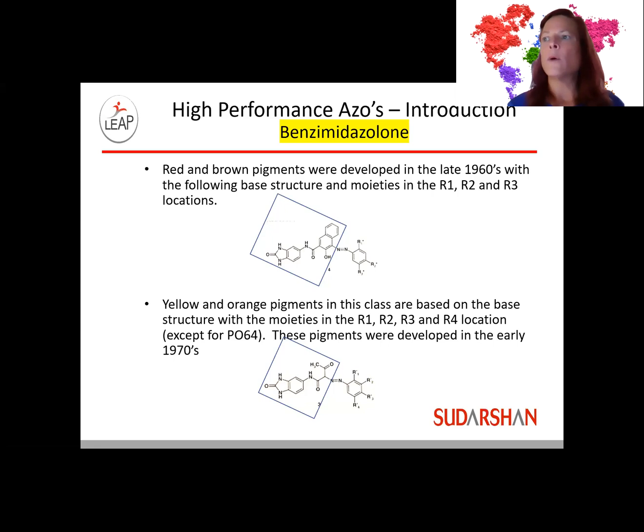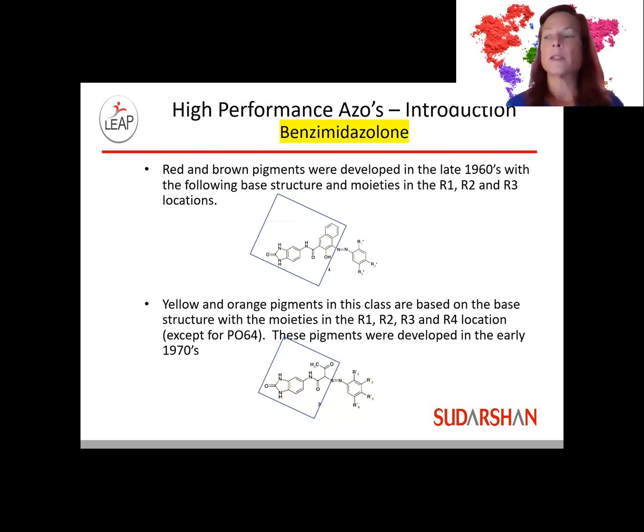However, the yellow and orange pigments in this class have a slightly different base structure. However, the unique color indexes are similarly achieved by attaching the specific moieties in the R1, 2, 3 and 4 locations, as indicated here.